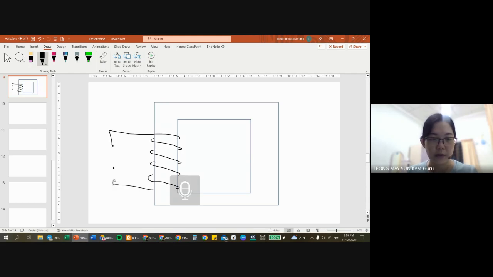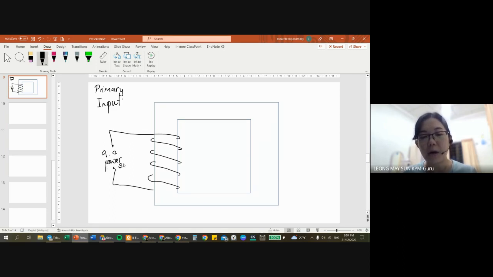All right, we have a solenoid over here on the left, and this is actually the primary. For my case, this is the primary, this is the input. Why? Because normally they'll say it's an alternating current power supply, and it has to be alternating current. I will tell you why in a short while.